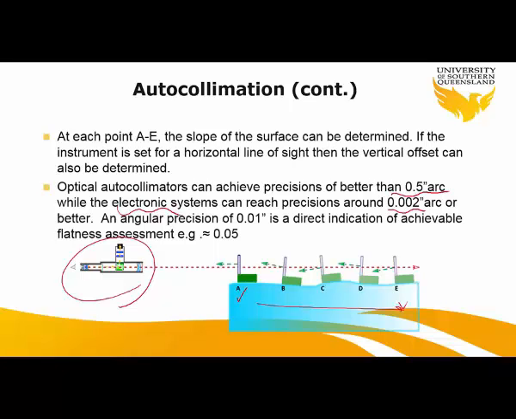Then you can also get the deviation from the horizontal or vertical plane, as I said, for horizontal or vertical alignment, or for flatness assessment. Whether you're using an optical or electronic system, you might have different accuracy.